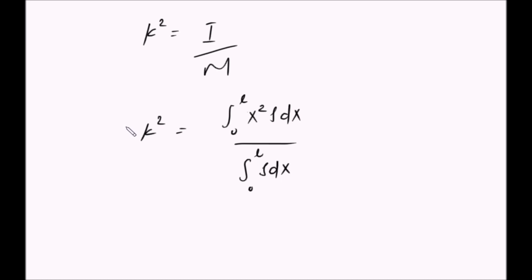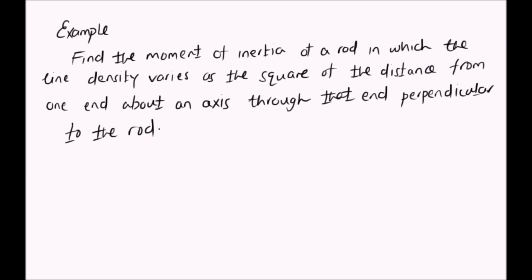Now let's solve example. Just one example. And so I call this example 1. Nasema find the moment of inertia of a rod. We'll have only one example, don't worry about your bundle. Okay, find the moment of inertia of a rod in which the line density varies as the square of the distance from one end.